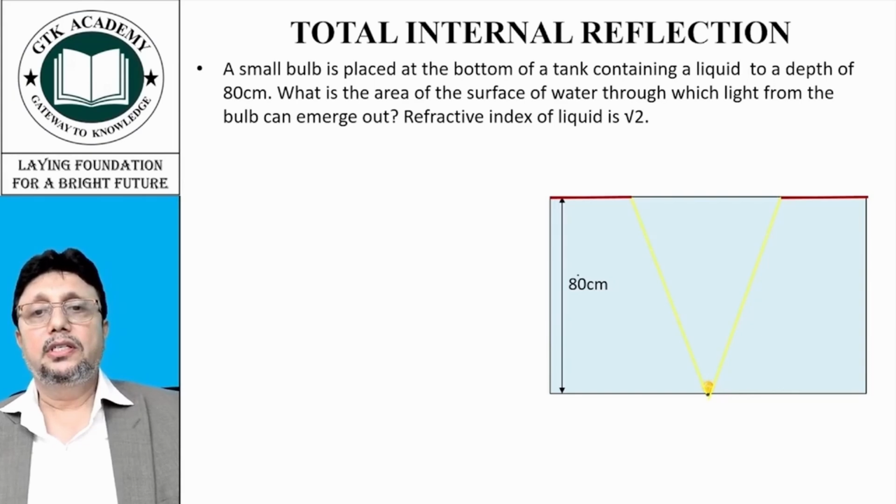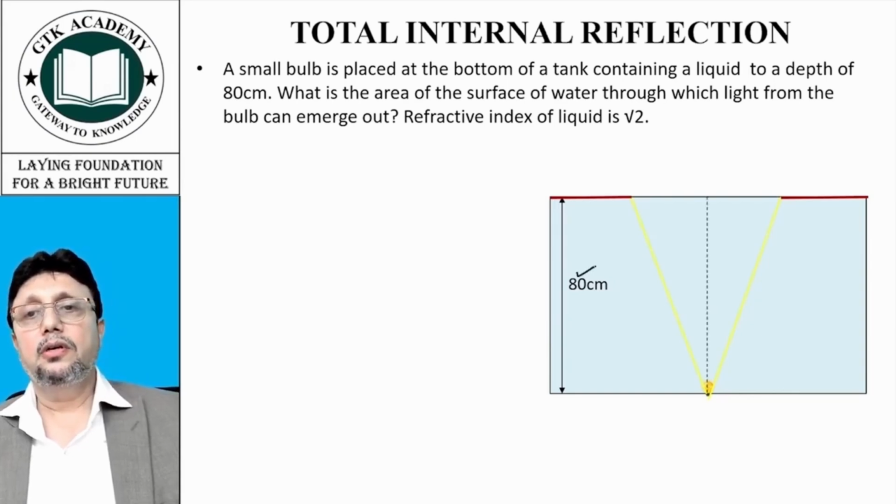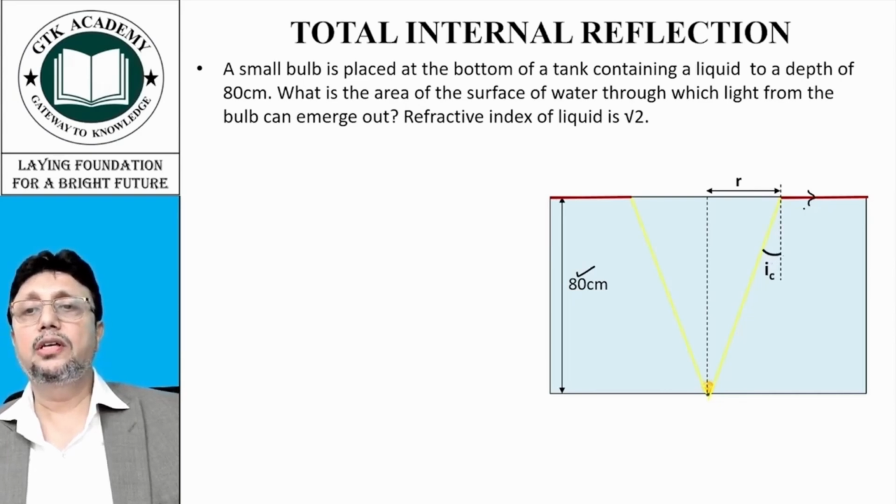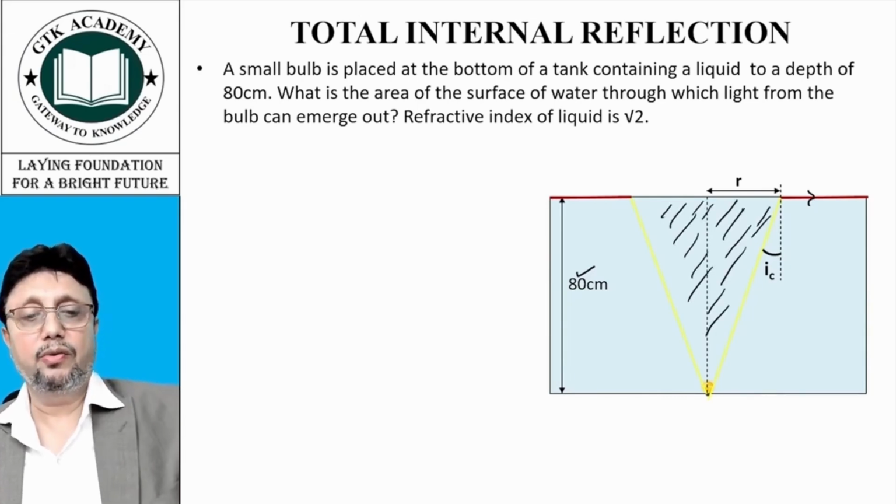So this is 80 centimeter, the depth. This is the ray which will have angle of incidence as critical angle, and beyond this all rays are going to be reflected back, and the rays which are emerging out of this region will be responsible for the shining and they will go out of the liquid.